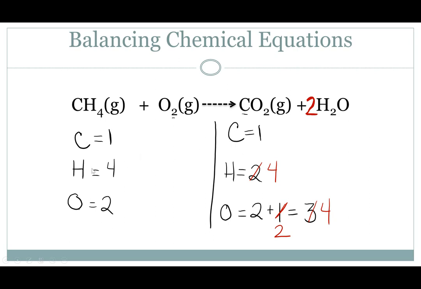Carbons, balanced. Hydrogens, balanced. Oxygens, I have 2 on this side, and I have 4 on this side. Well, that can't happen. We can't start with 2 and then poof, 2 more pop out of thin air, okay? So what does that mean about our reactant side?